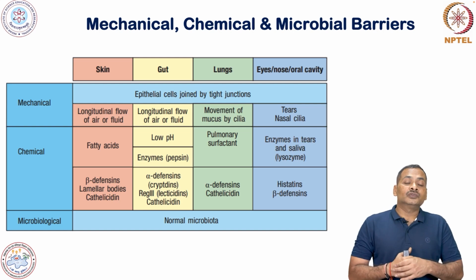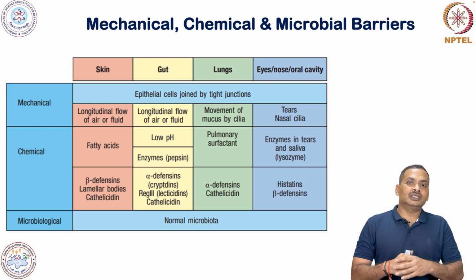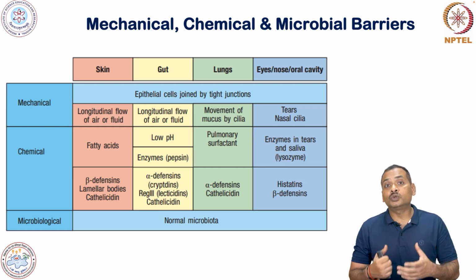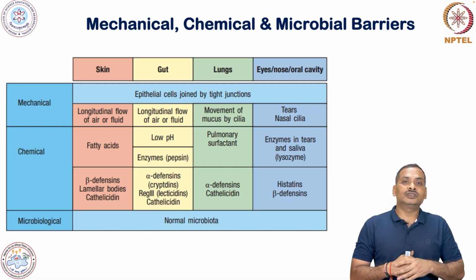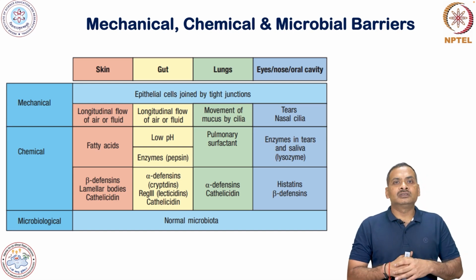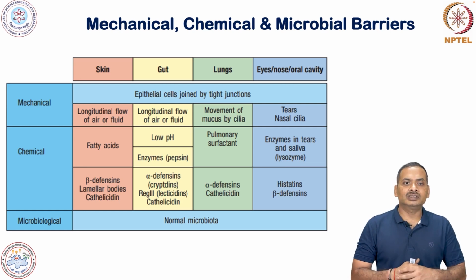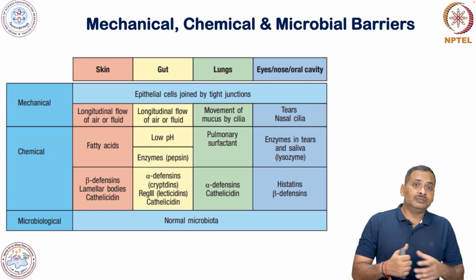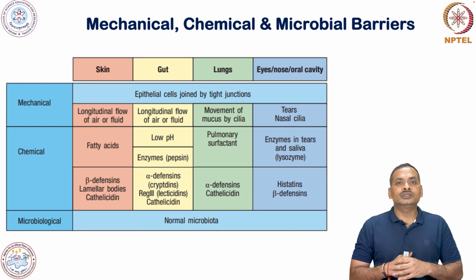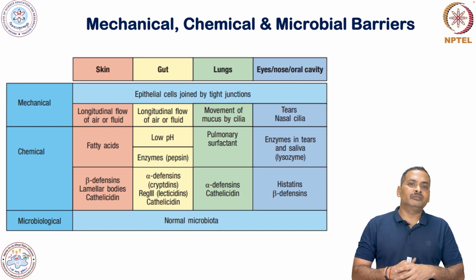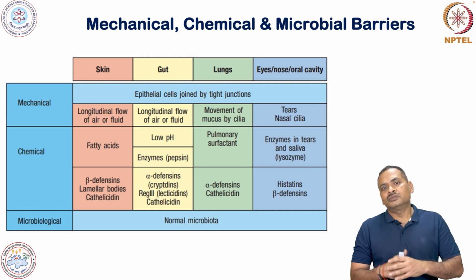In the gut, you are all aware that there is a low pH, there is production of hydrochloric acid which inhibits the growth of any microbes, including pathogens. There are enzymes secreted in the gastric juice, a variety of enzymes, pepsin, trypsin, and some more enzymes.